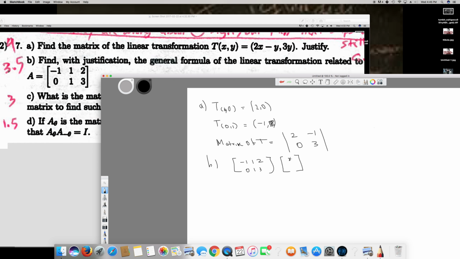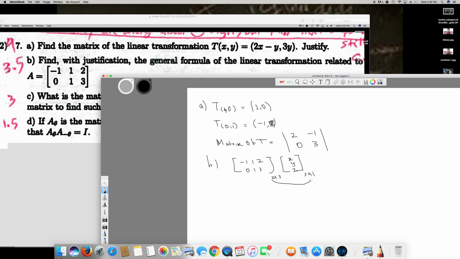So it's going to be x y z, and as you see, here we have two rows and 3 columns, so 2 by 3, and here 3 rows and 1 column, 3 by 1.